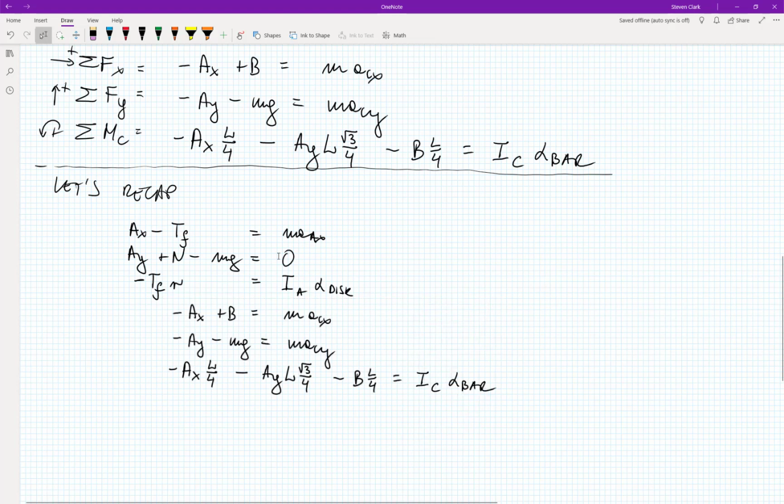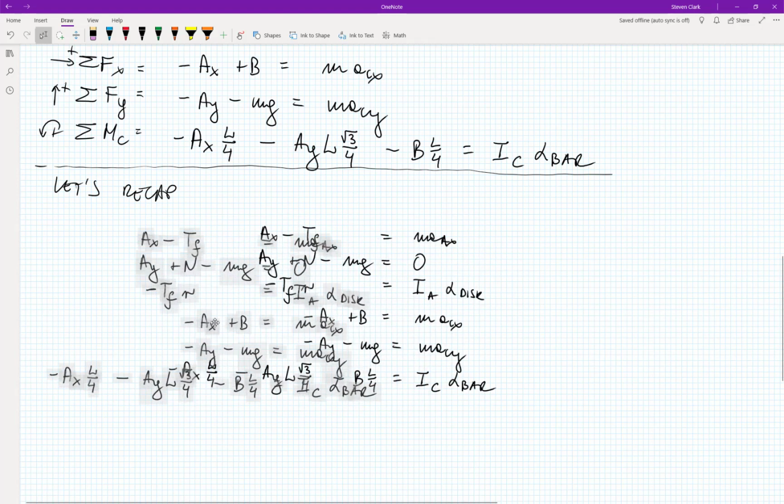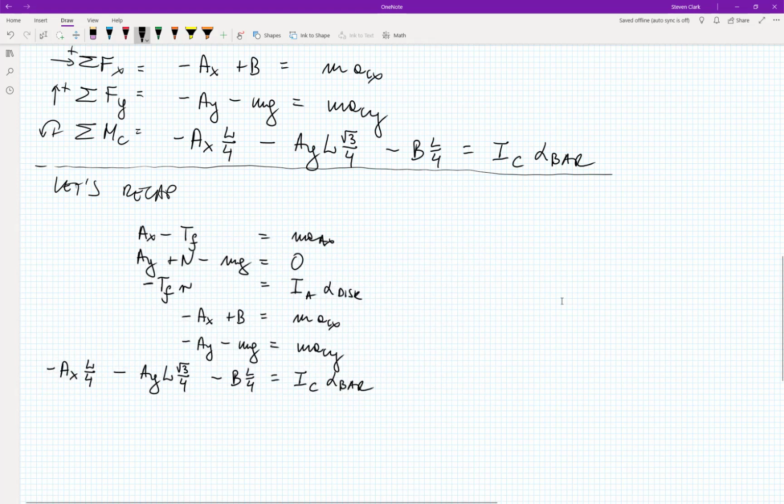Okay. And I think that now I should take these 5 equations and put them here. Okay, guys, so we have 6 equations. Let's see how many unknowns we have. Definitely every single acceleration is not known. So we have 5 of them, 5 unknowns already. 1, 2, 3, 4, 5.